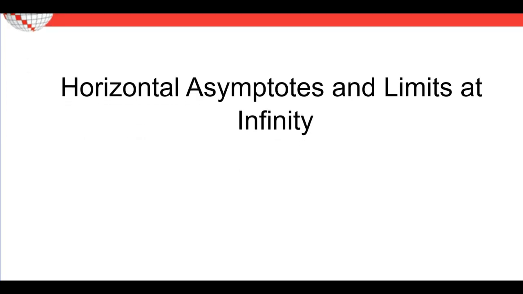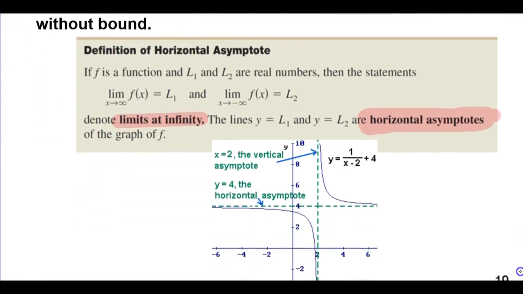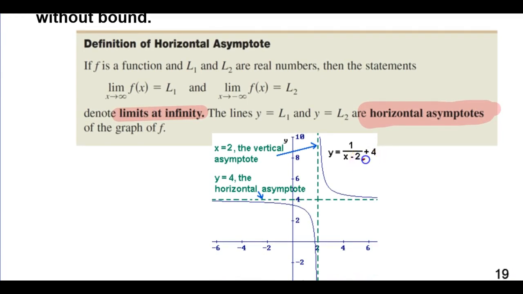Horizontal asymptotes: I told you to look at the degree of the numerator and the degree of the denominator. Here's the book's definition. I think I can explain it a little bit better. The only thing you have to worry about is sometimes they have like a +4, which is literally going to just shove this asymptote up 4 from what the degree of the numerator and the degree of the denominator give you. So if the function just said y is equal to 1 over x minus 2, without the +4 out there, you can see the degree of the numerator is 0.